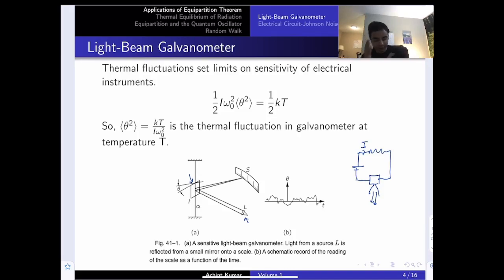It rotates the mirror, and the light goes from here to the scale. So if I increase the amount of light, the mirror rotates more, and I see a higher value on the scale measurement.